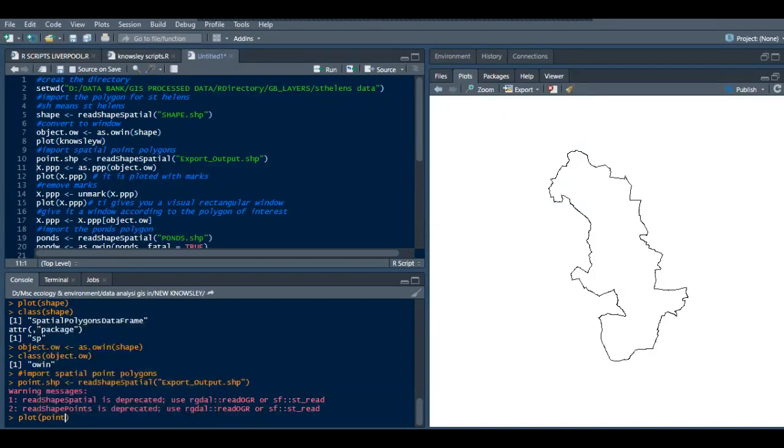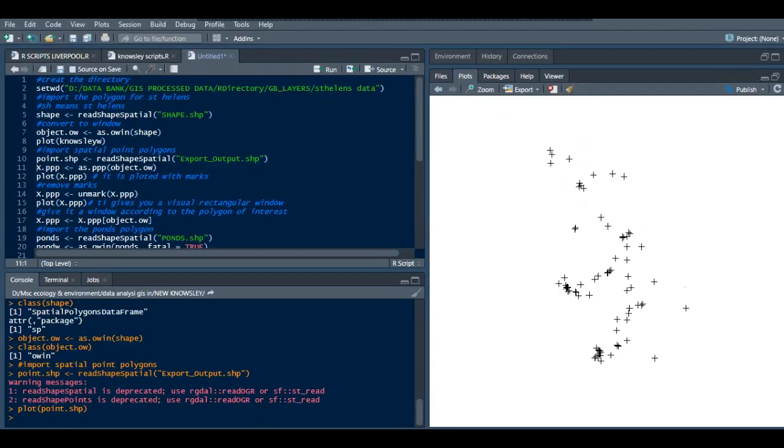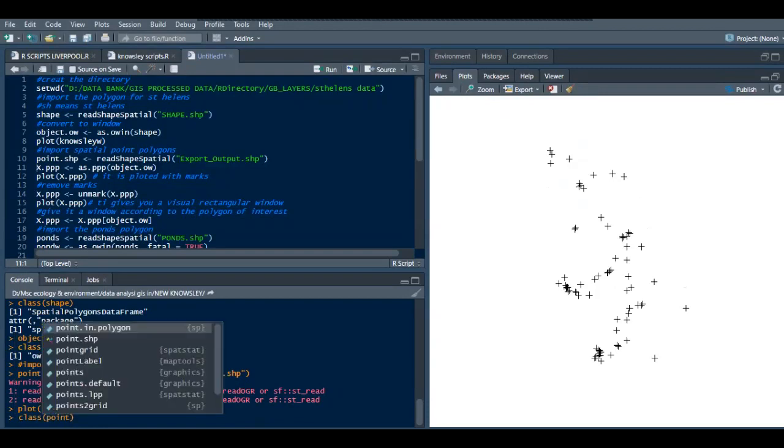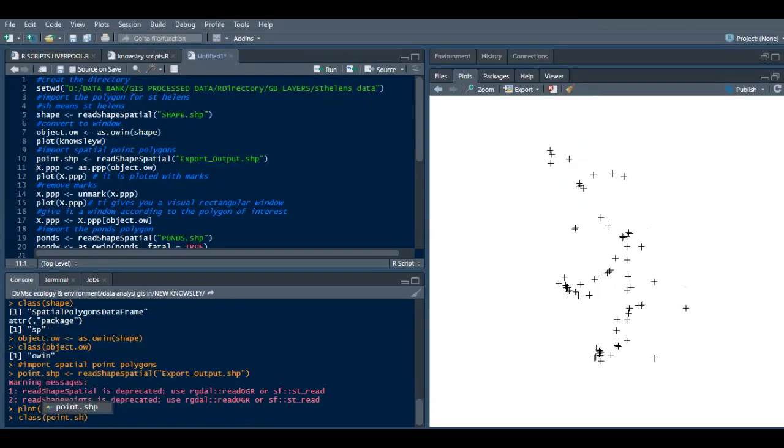I'll run it. Those are the points, but I can still inspect it for you. Class into point.shp.